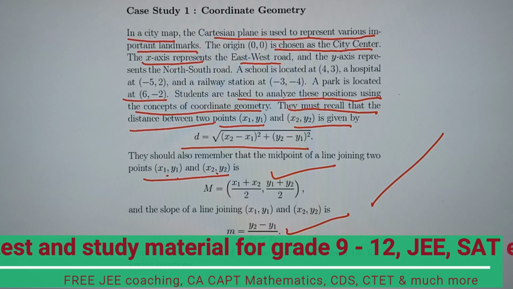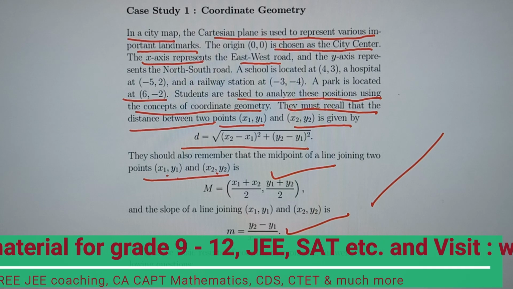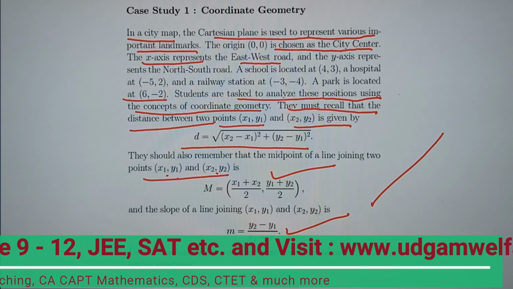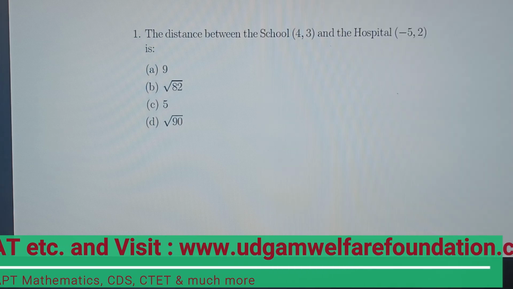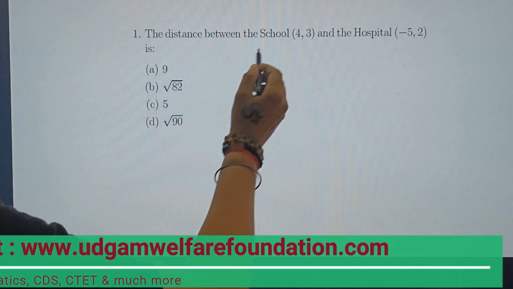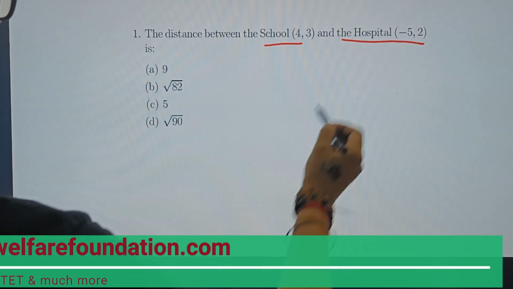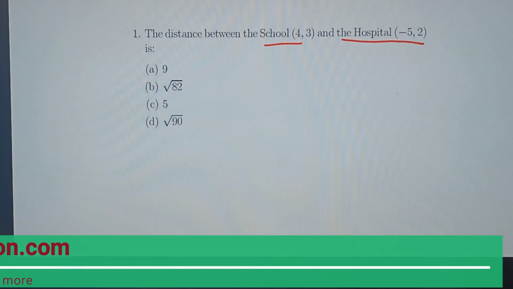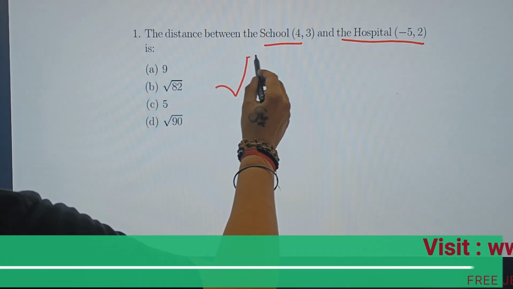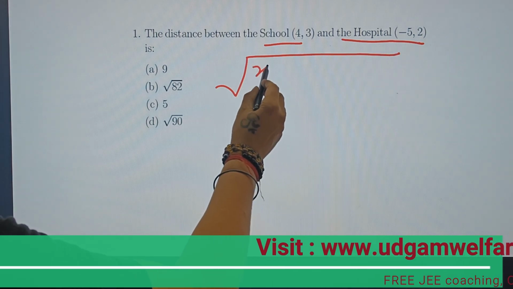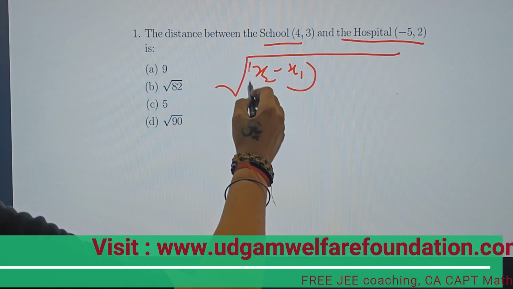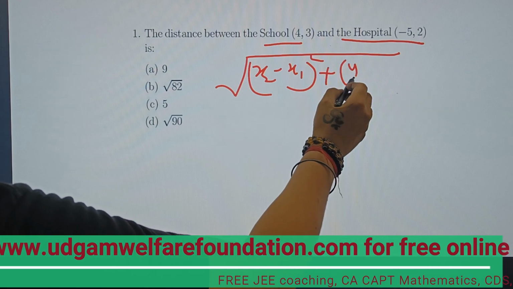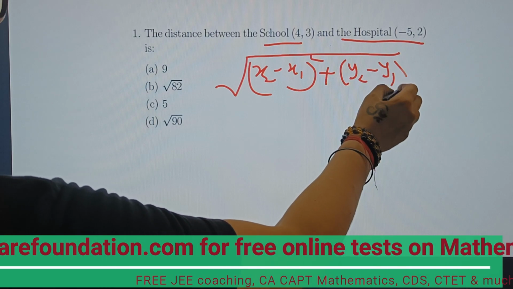Now let's move forward and discuss our first question on this particular case study. So students, this is our first question. The distance between the school and the hospital is given by what? As we know, the distance formula is the square root of (x2 minus x1) whole square plus (y2 minus y1) whole square.